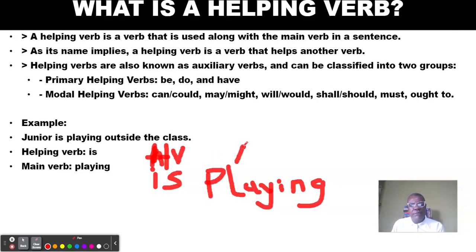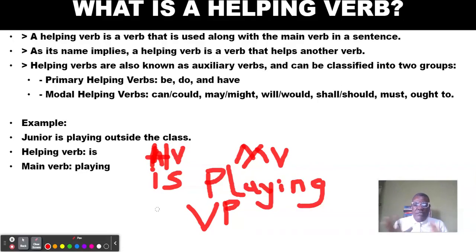While this is the MV, the main verb, together they form the verb phrase, VP. So this is exactly how the helping verb operates within the English sentence structure.